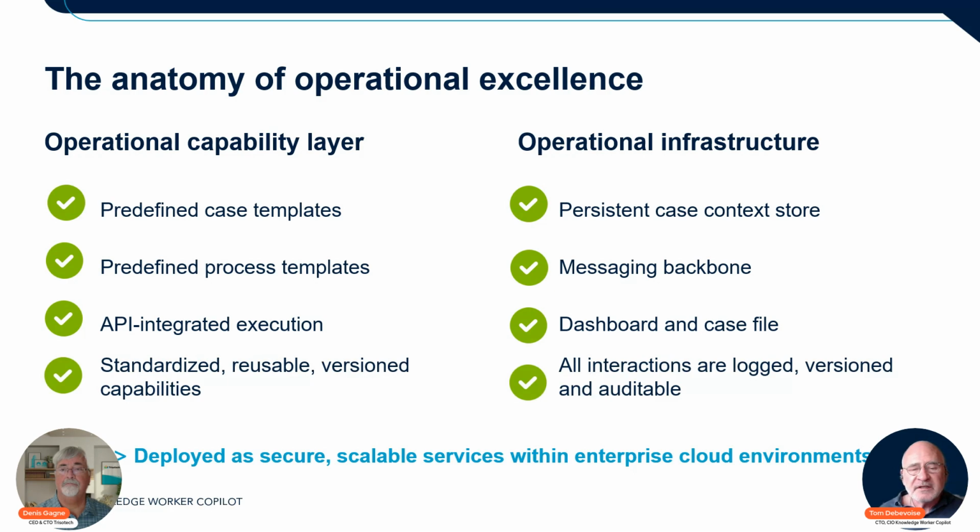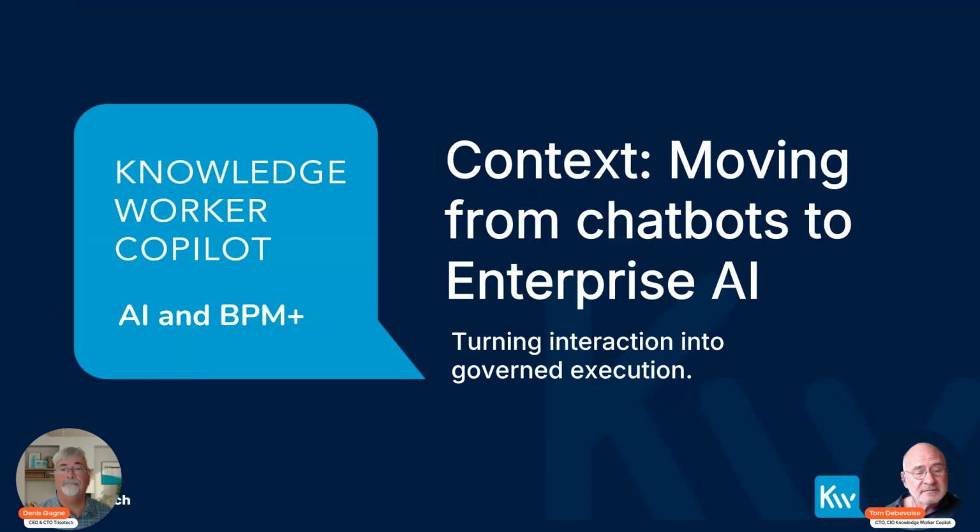But the persistent case context does not change. It acts as a messaging backbone, and all the interactions are logged, versioned, auditable, and deployable as a secure, scalable service within your enterprise cloud. Next.